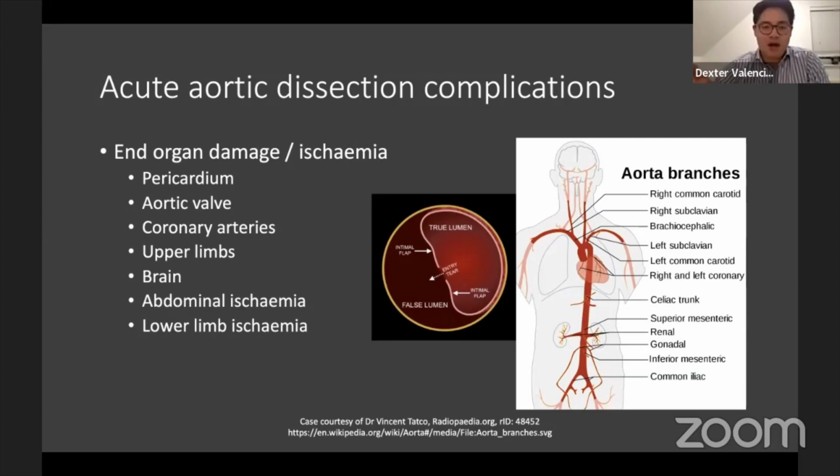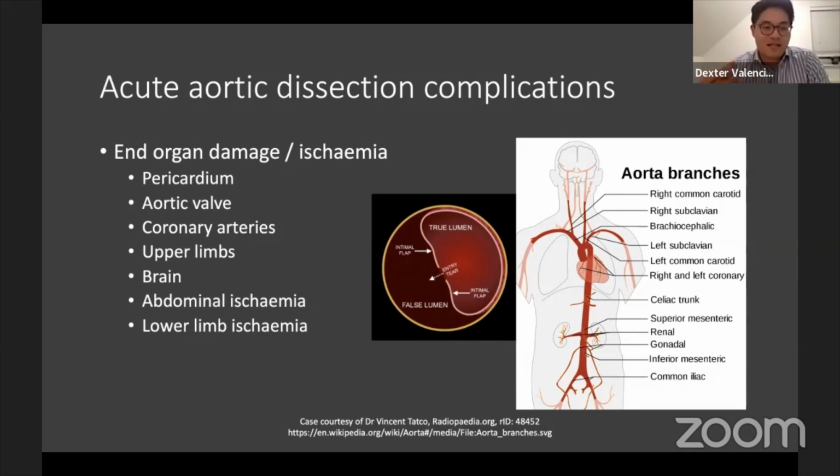And why is it important? What happens when this pathology occurs? If you imagine you have this tear, you fill the false lumen, what happens is that you will compromise areas of the body supplied by blood. So you get end organ damage or ischemia. Say if you have a tear within the ascending aorta, that can rupture into your pericardium and prevent your heart from beating blood around the body.